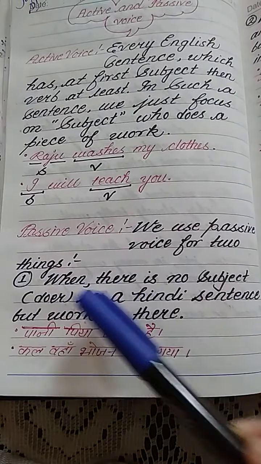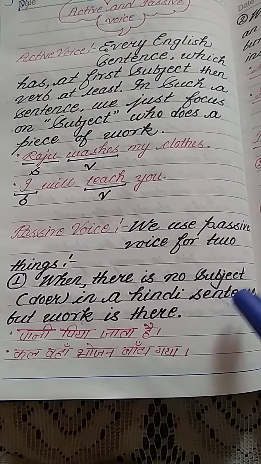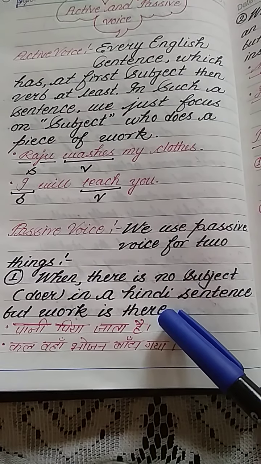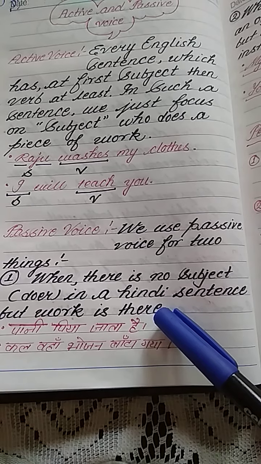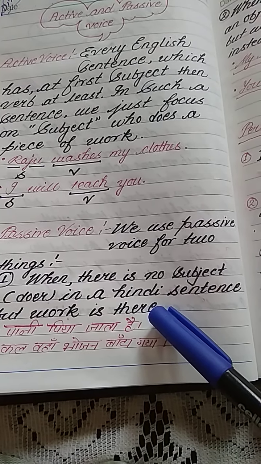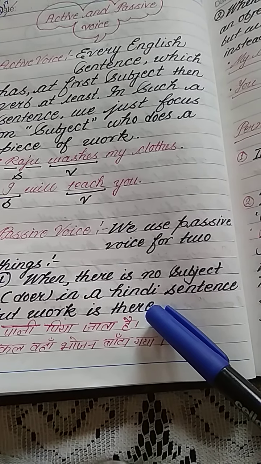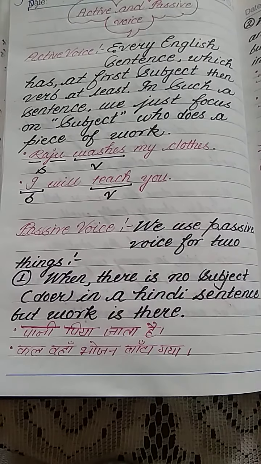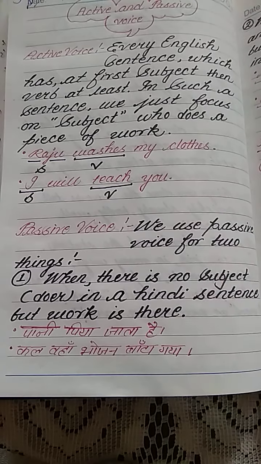Look at, when there is no subject or doer in a Hindi sentence but work is there, particularly in translation, so many sentences are there in Hindi where we speak a particular sentence without a subject. How? Look at, पानी पिया जाता है, कल वहां भोजन बांटा गया.